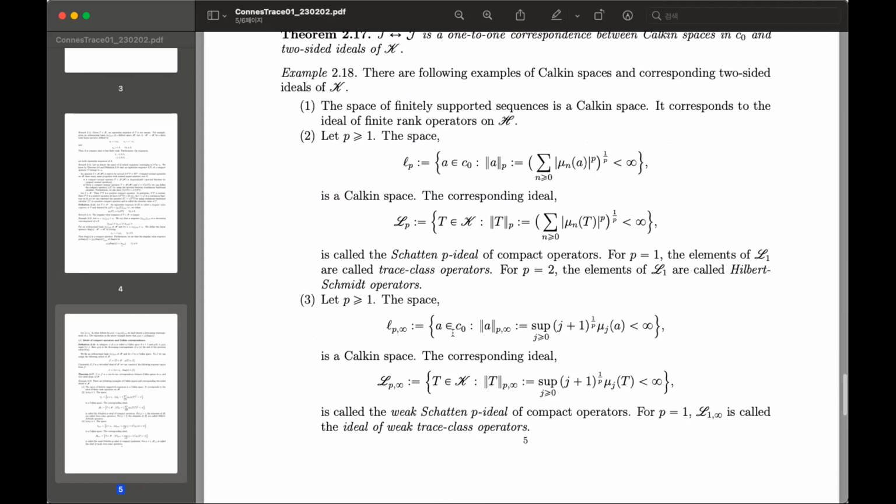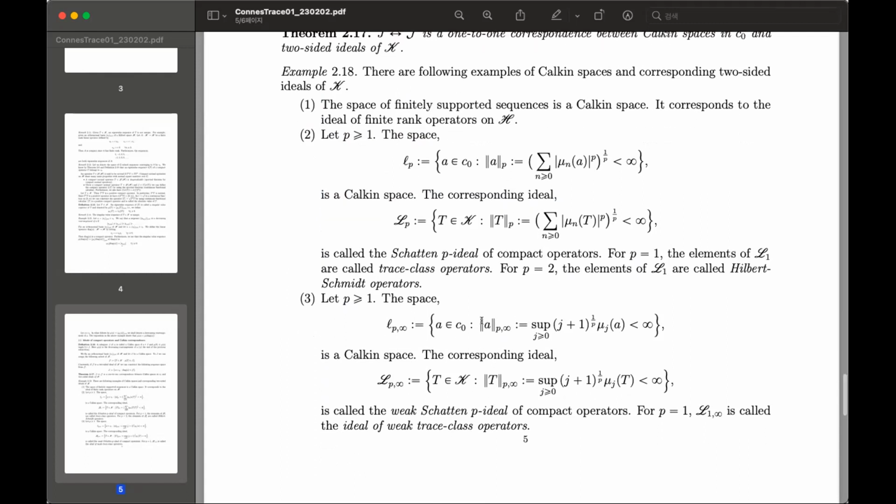If the sequence satisfies this decaying property, where mu j of A is of course the jth entry of the decreasing rearrangement of the given sequence A, we say that the sequence A belongs to the small lp comma infinity space, and the sequence A is a weak lp class sequence.